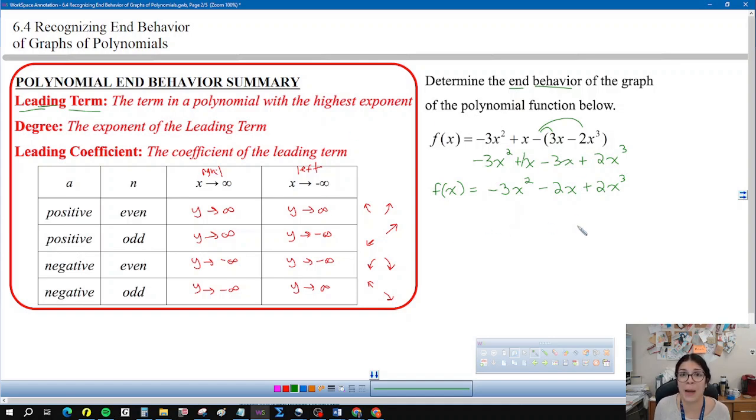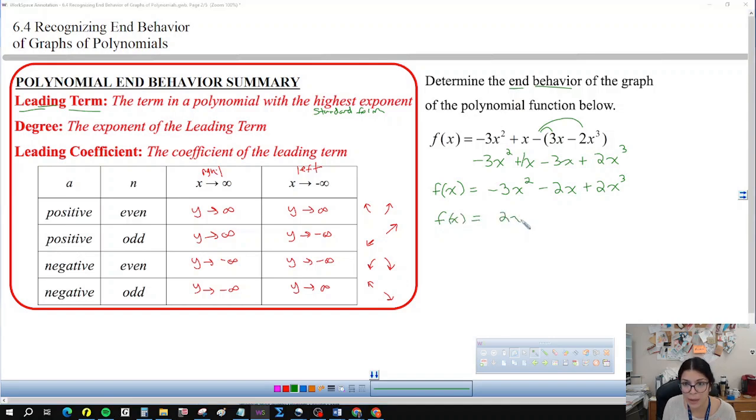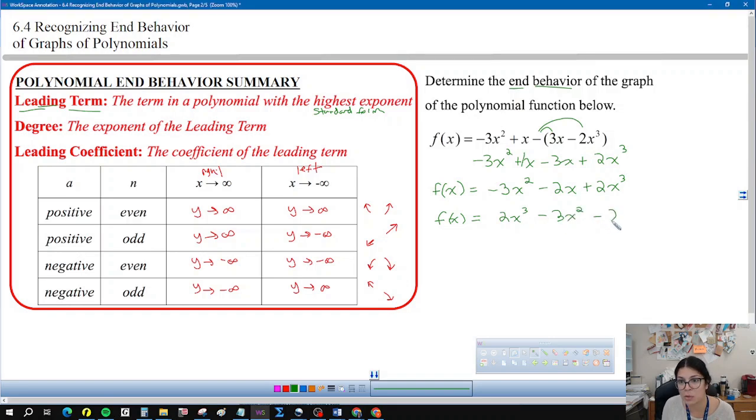It's the one with the highest power. So it is the first term if you have it in standard form. Okay, standard form means that you're writing it from highest power to lowest power, then f of x would be 2x cubed minus 3x squared minus 2x.